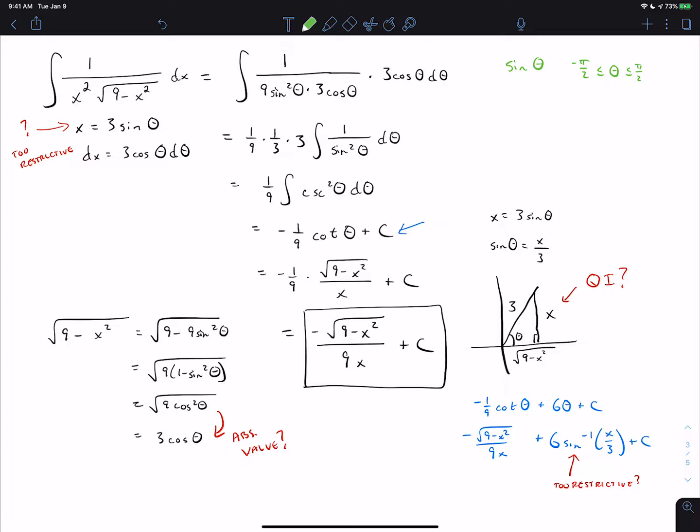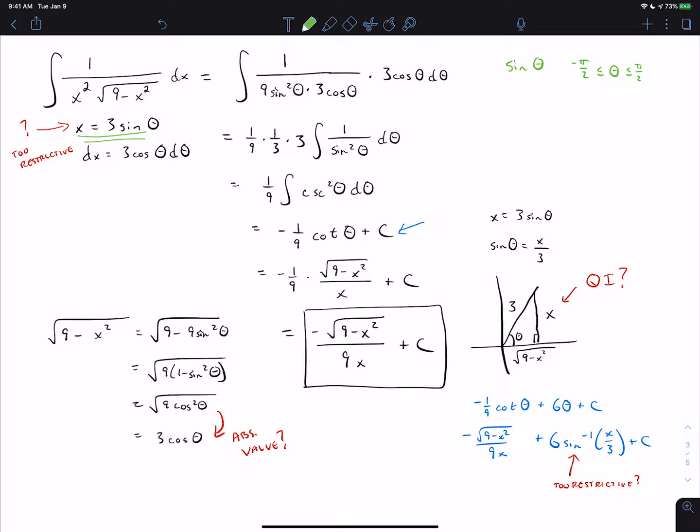There are a few reasons we do that. It doesn't affect the mechanics of the problem, which is why we've not mentioned it until now, but it does affect several things. One thing is back over here where we've got x equals 3 sine theta.